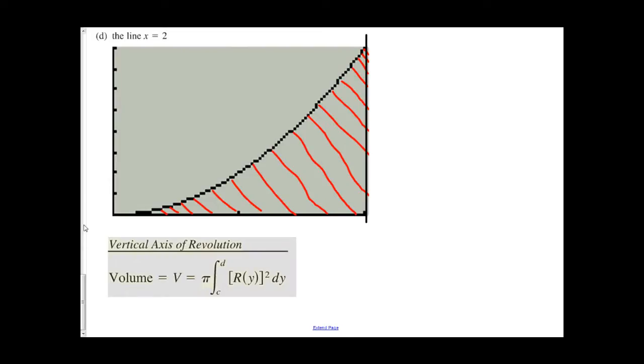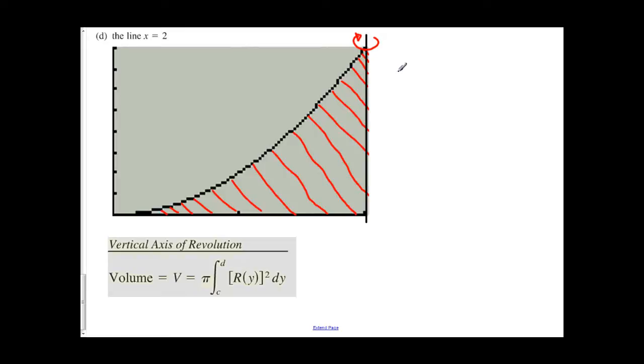Okay, and the last one is the solid that will be generated by revolving our region about the line x equals 2. This is the line x equals 2, and we want to look at the solid generated by revolving about that line.